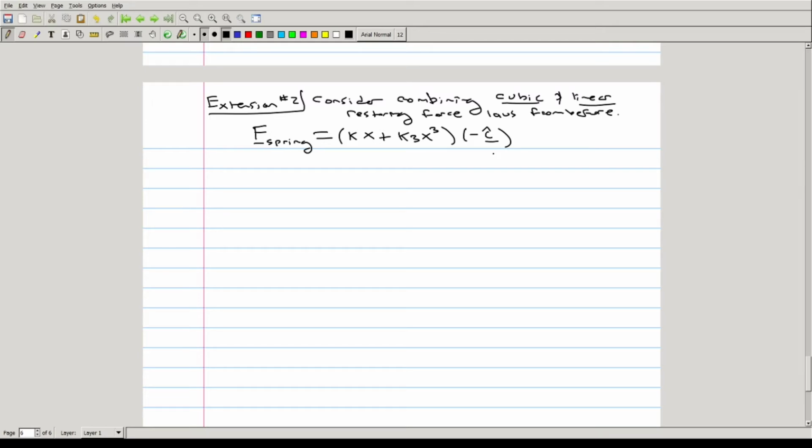So when we plug this into Newton's law, we get the differential equation m times the acceleration, second derivative of x, is equal to negative k times x minus k3 times x cubed, which is m times x double dot plus kx plus k3 x cubed equals 0.